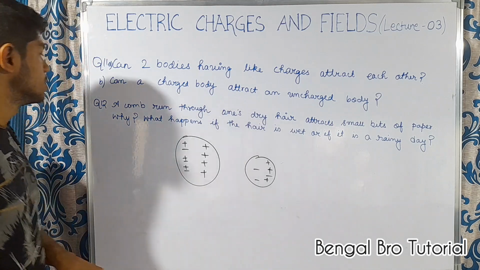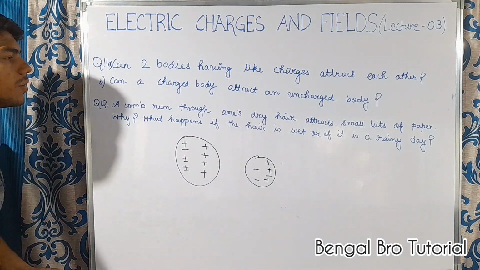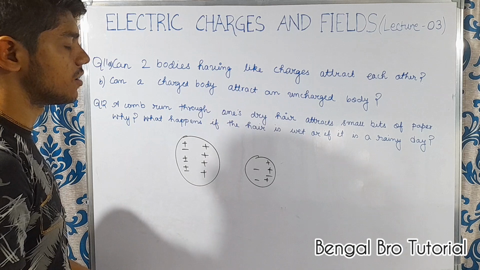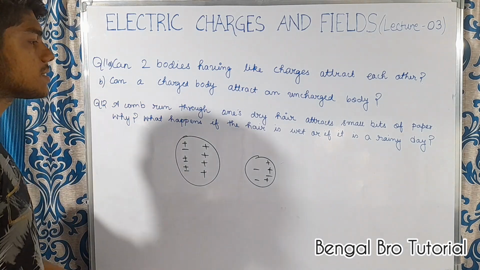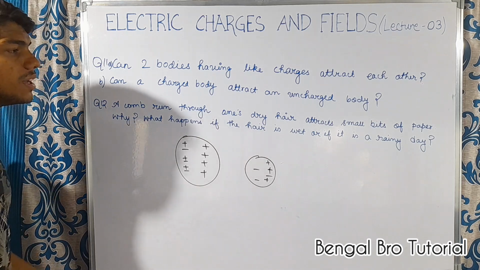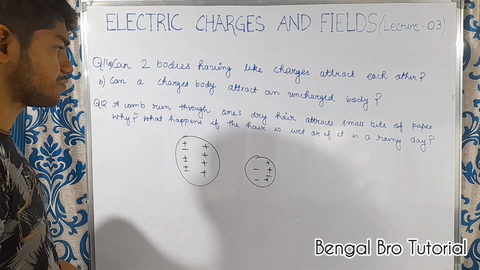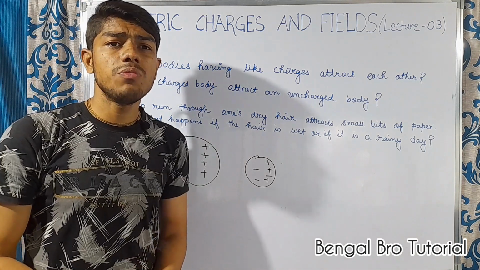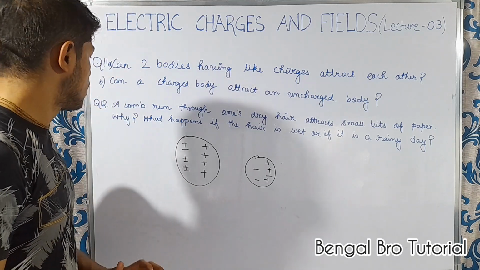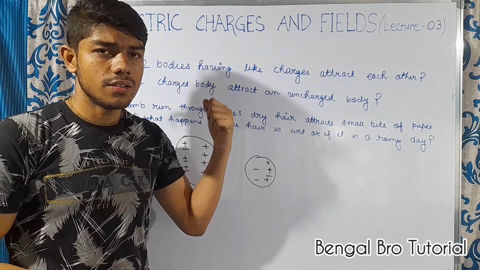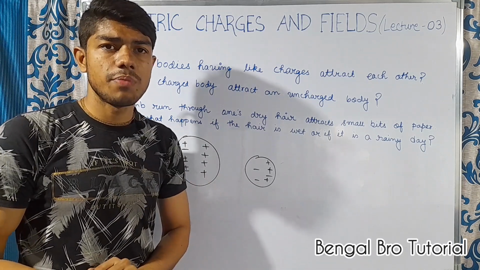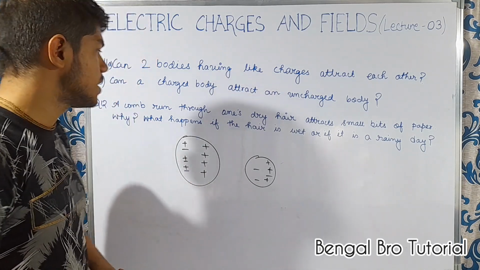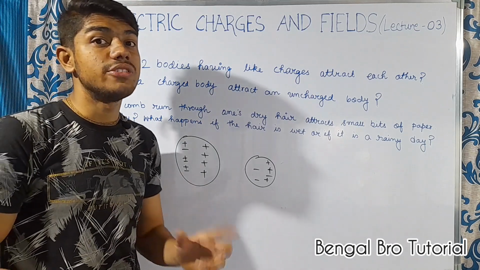Okay. Question number 12. A comb run through one's dry hair attracts small bits of paper. Why? What happens if the hair is wet or if it is a rainy day? Actually, when we perform the magic trick of combing the hair with a comb and then bringing the comb near bits of paper, which eventually get attracted, we always prefer dry hair.